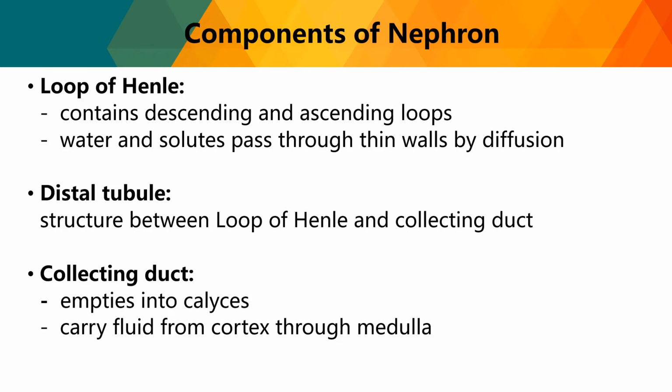And then you also have the loop of Henle. It contains the descending and ascending loops. This is where water and solutes pass through thin walls by diffusion. And then you have the distal tubule. This is the structure between the loop of Henle and the collecting duct. And of course, the collecting duct, which empties into calyces, and they carry fluid from the cortex through your medulla.